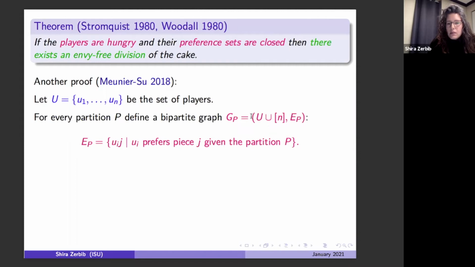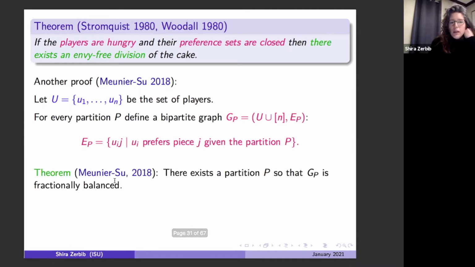The sides of G of P will be this set of players U and the set of pieces 1 to n. And the edge set will be all the pairs ui j for which player ui prefers piece j given the partition P. So I match players to the pieces they prefer in the given partition P.